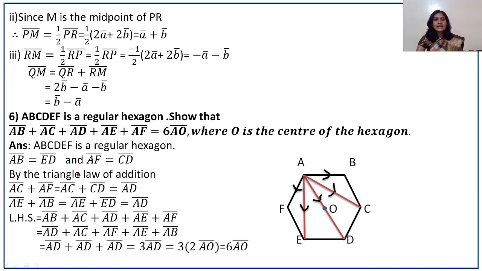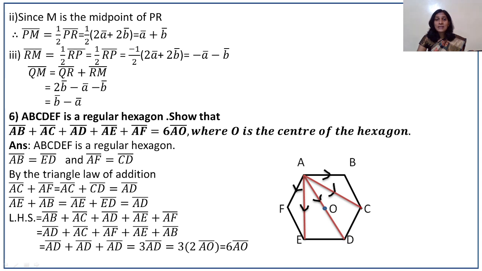Then by the triangle law of addition, what is AC bar plus AF bar? AC bar plus AF bar is equal to AC bar plus CD bar.